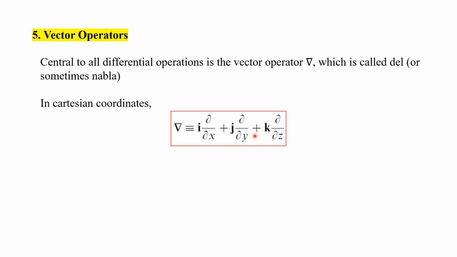The form of this operator in non-Cartesian coordinates will be discussed in the next lesson. So just remember this one. This is your del operator, sometimes also called your nabla.